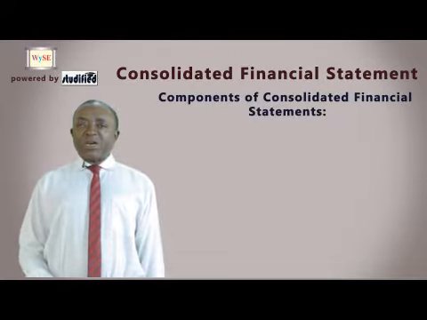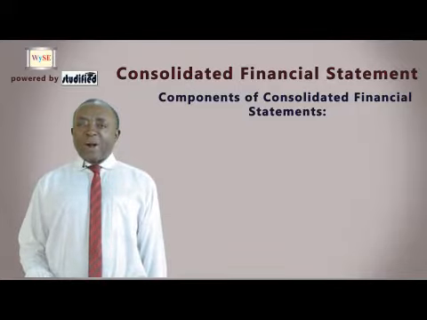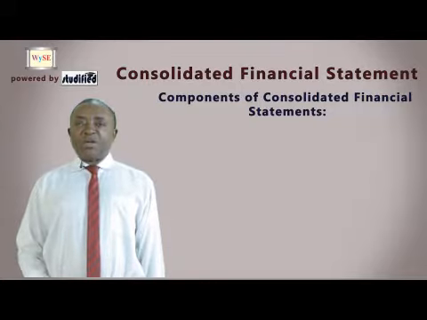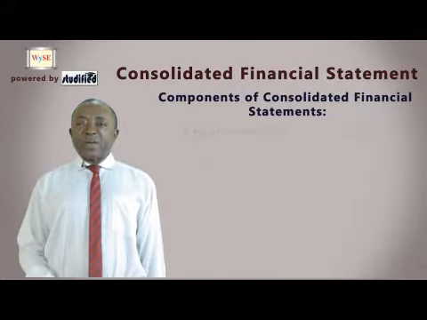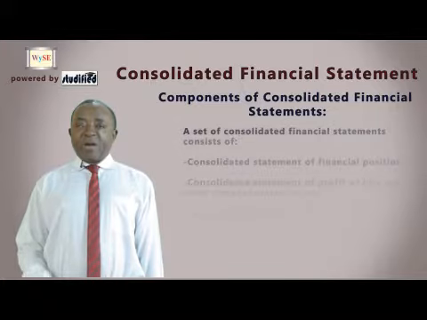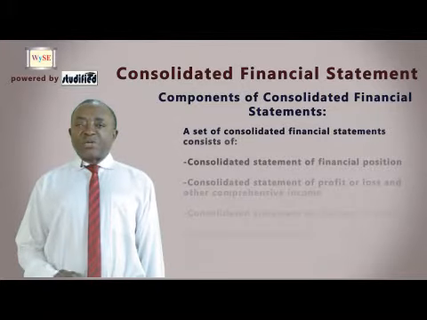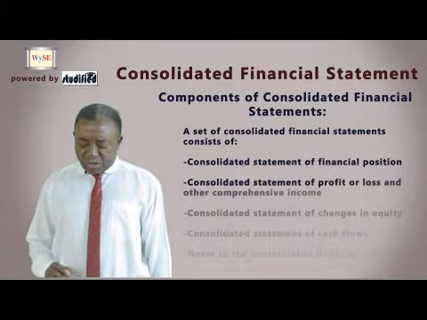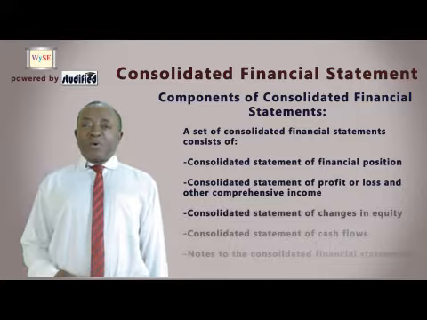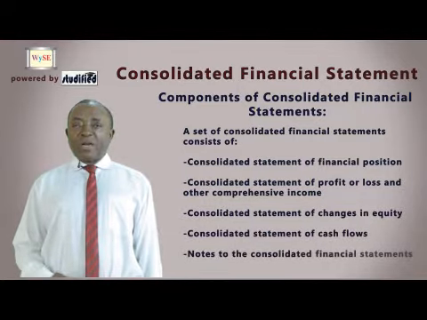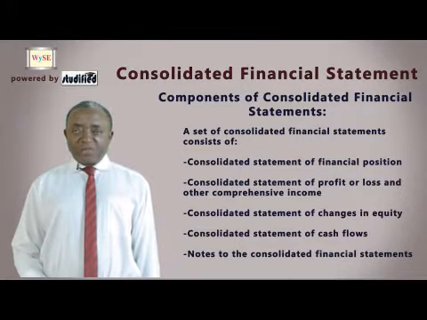A full set of consolidated financial statements comprises: 1, the consolidated statement of financial position; 2, consolidated income statement in full, that is consolidated statement of profit or loss and other comprehensive income; 3, consolidated statement of changes in equity; 4, consolidated statement of cash flows; and 5, notes to the consolidated financial statements.